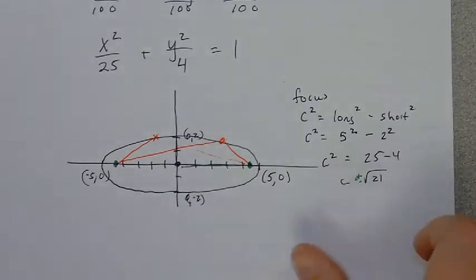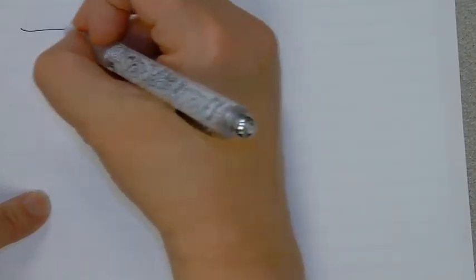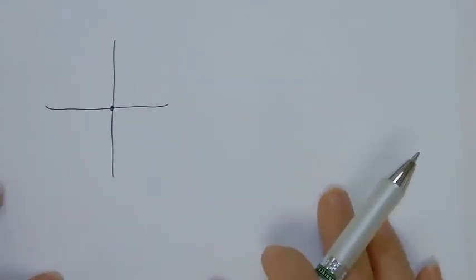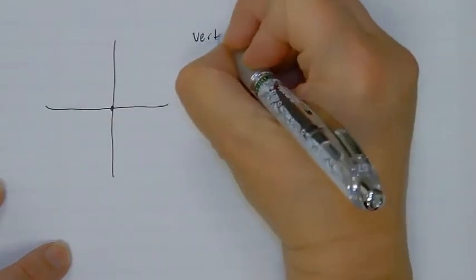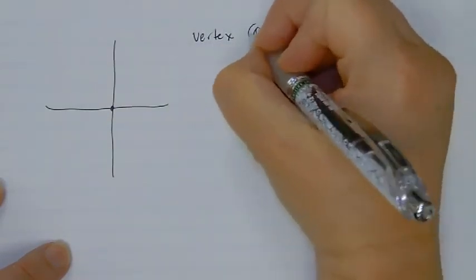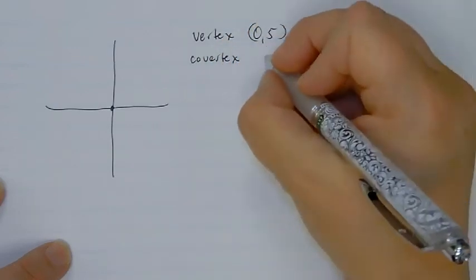So let's see if we can write an equation. You're going to want to do this for your third quarter project. Let's see if we can write an equation if we're given an ellipse. So let's say this ellipse has a center at 0, 0, and it has a vertex at 0, 5, and it has a co-vertex at 4, 0.